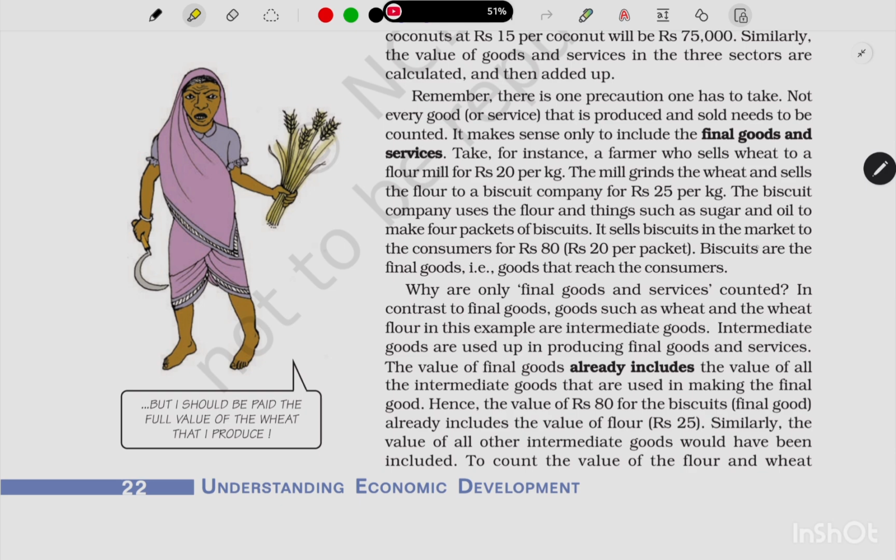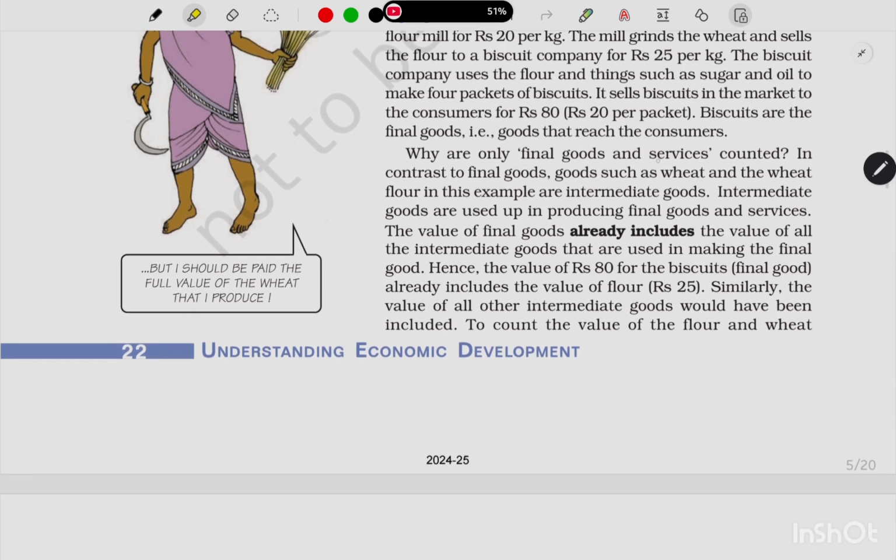Biscuits are the final goods, that is the goods that reach the customers. So why are only the final goods and services counted? In contrast to the final goods, goods such as wheat and the wheat flour in this example are intermediate goods. Intermediate goods are used up in producing final goods and services.